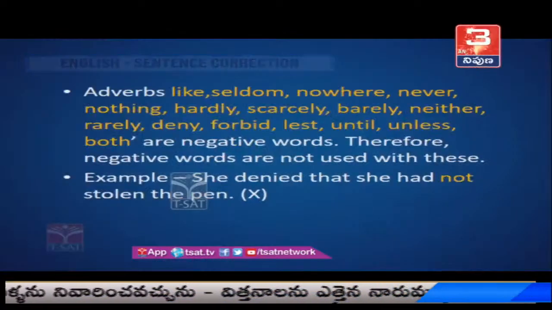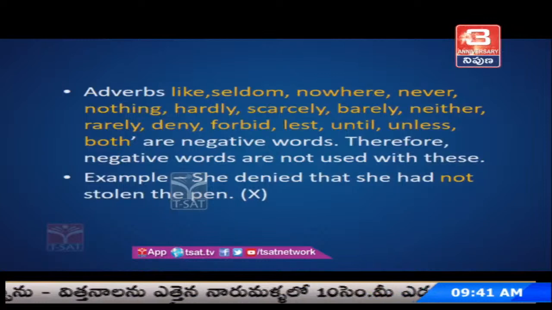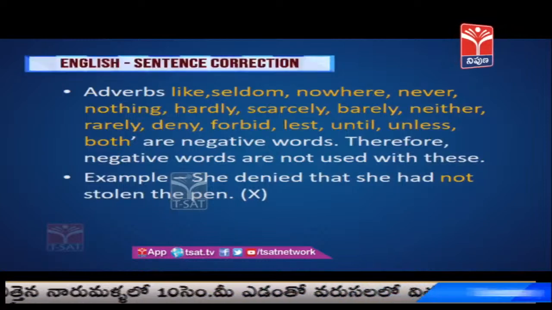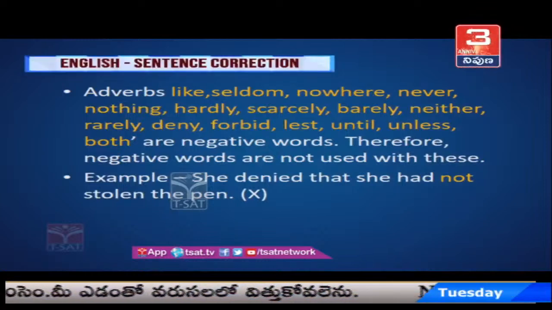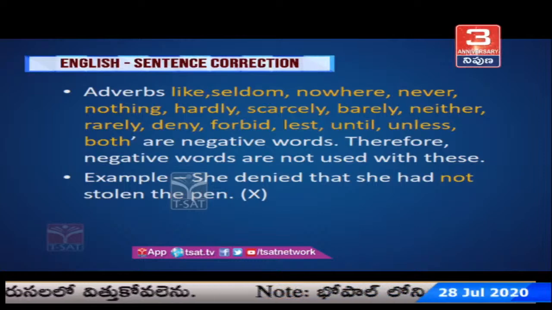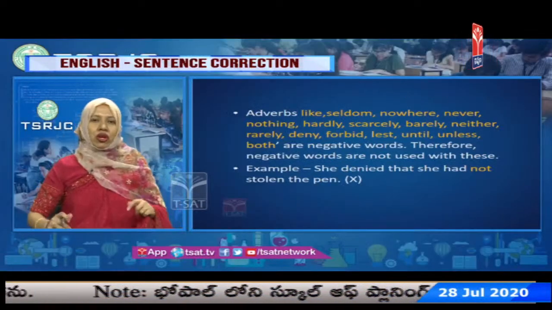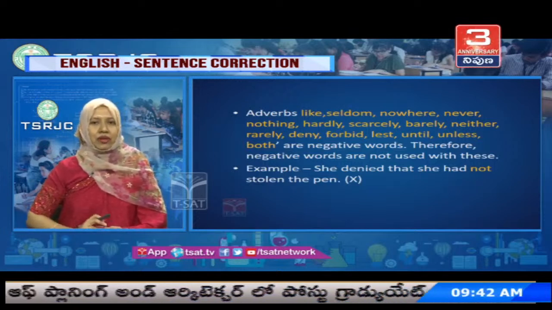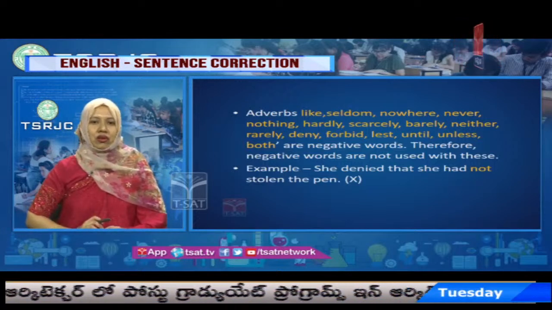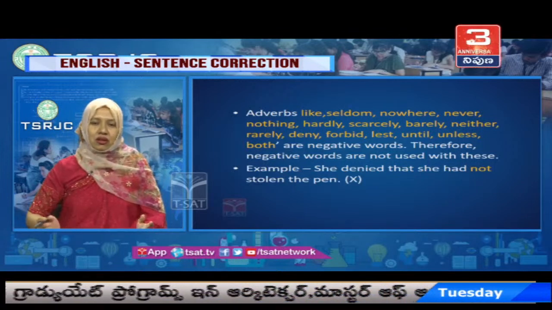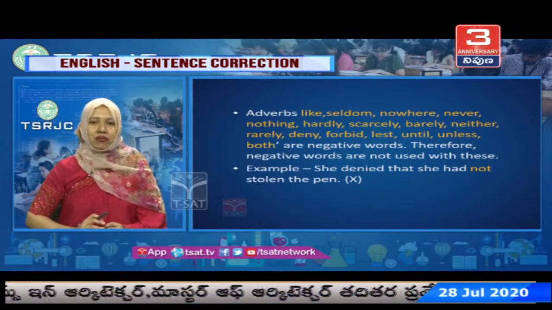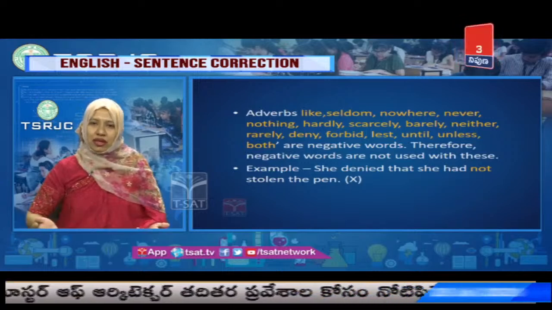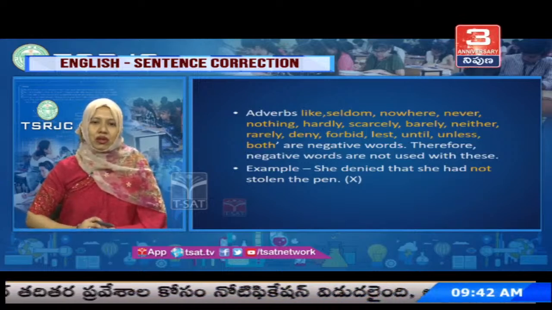All these words are negative in meaning. So this means it is negative only, when you are talking about something not done. She visits me seldom, that means very rarely. She never comes to see me, that means never. Never means nothing.